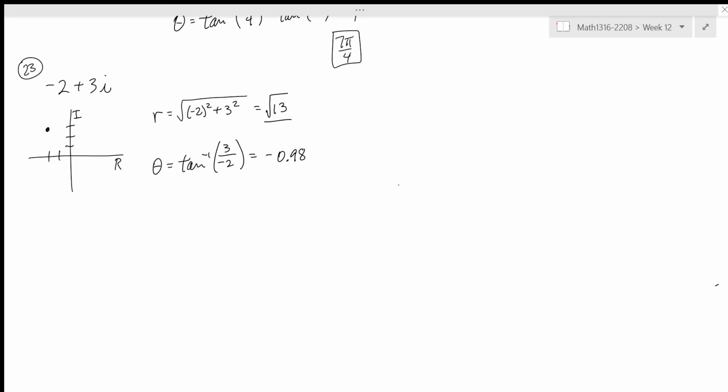And 0.98 is actually not even to here. It's like somewhere in this quadrant. Okay, we got a problem here, people. Do y'all see my dot is in quadrant 2? But the angle is in quadrant 4. That's 180 degrees out of phase.